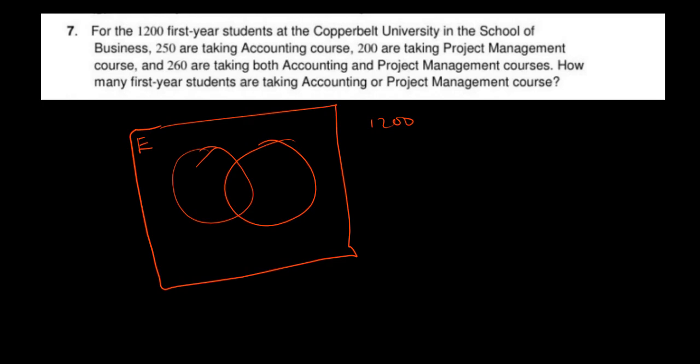So those taking both is 260, we'll put 260 there. How many first year students are taking accounts or project management course? Since we have this 260 here, we subtract to find the element.